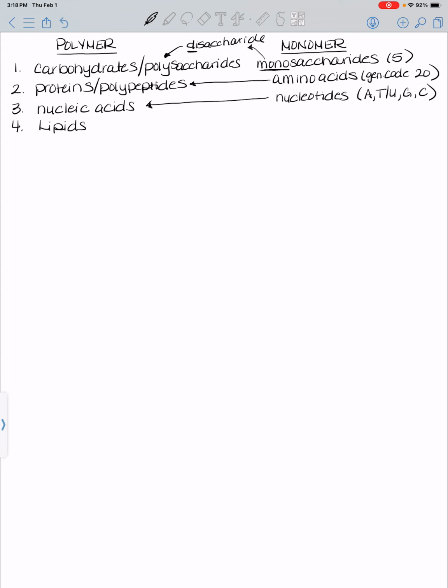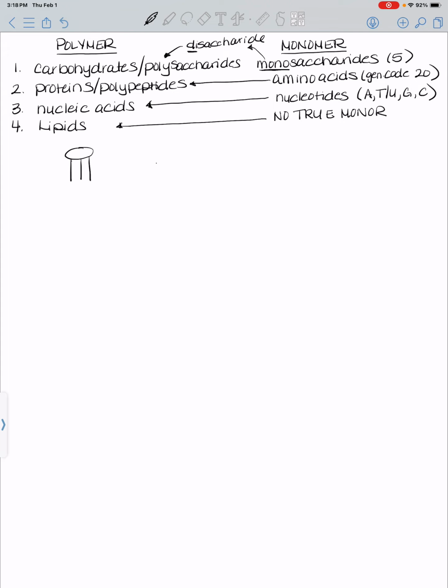The 4th type of macromolecule that we did talk about were lipids. And lipids are unique because they do not have a true monomer. No true monomer. And if you go in your textbook or in the PowerPoint, you'll see exactly why. So we looked at a triglyceride today, which was basically a glycerol with 3 fatty acid tails.